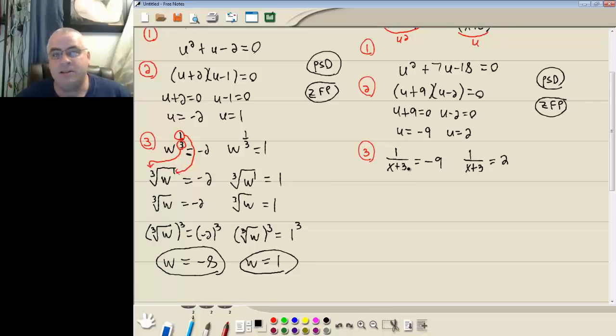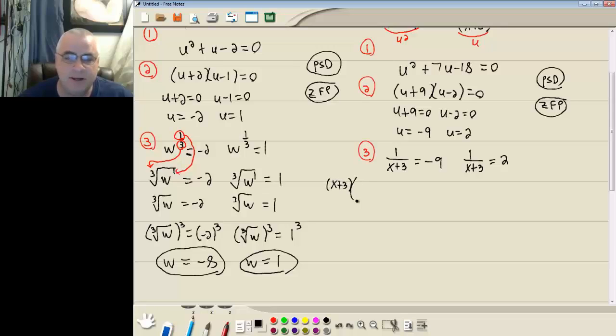Rational equation says get rid of parentheses, don't have any. And then it says get rid of fractions. Part of it is you have to factor all of your denominators, but these are fairly simple, so we don't have to do any factoring. To get rid of the fractions, we multiply everything by the LCM of all our denominators. We only got one denominator, so that is our LCM. So we'll multiply both sides by x plus 3.